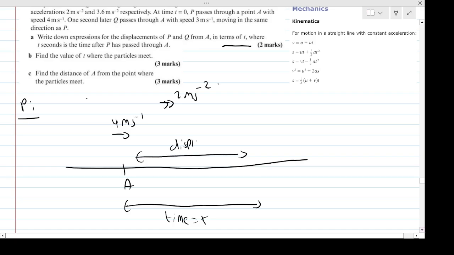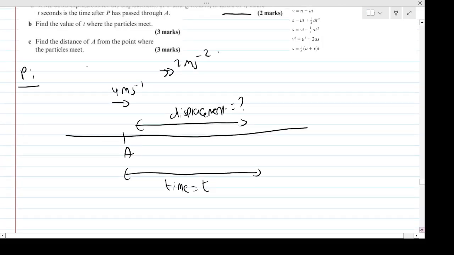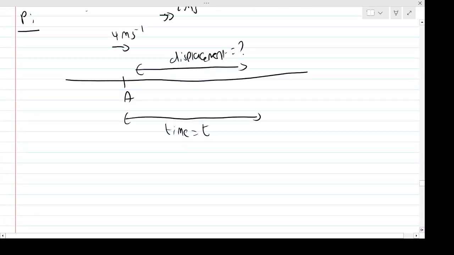So the displacement, I don't know what that is, okay? I also don't know the time, but they told me that the time is t, okay? That's all I know about P, right? So it wants me to work out the displacement in terms of t. So I'm going to need to involve time.